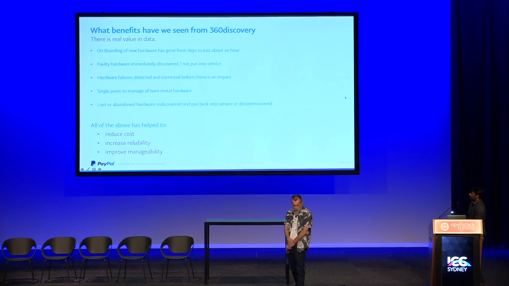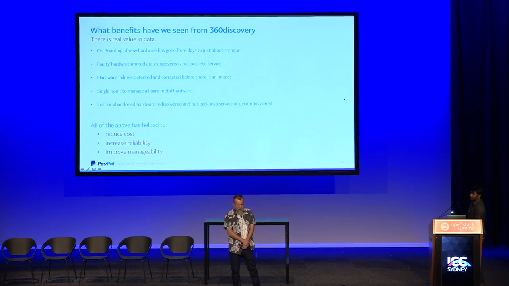And we have a single point to manage all bare metal hardware. We have a UI too, but we'll see whether we'll go through that. There we can see what is happening exactly in the infrastructure across all zones. And all the lost or abandoned hardware is rediscovered and put back to work.